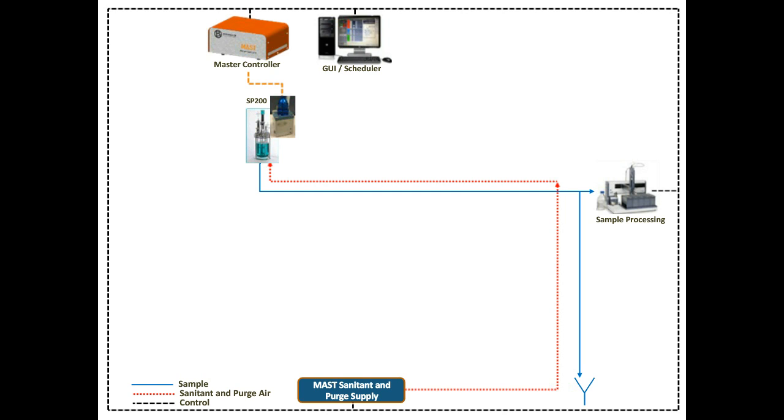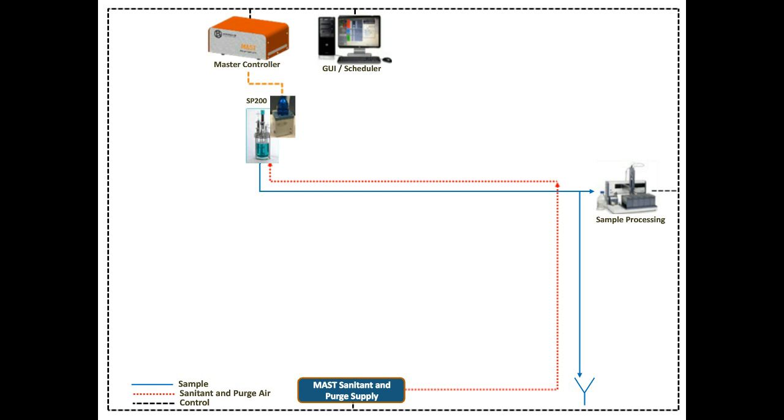There's also in that system a computer with the Ignition GUI software that has your basic scheduler, a scheduling system for organizing all your samples to all your different destinations. It also has your database.